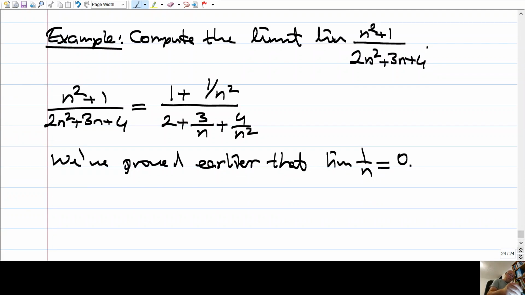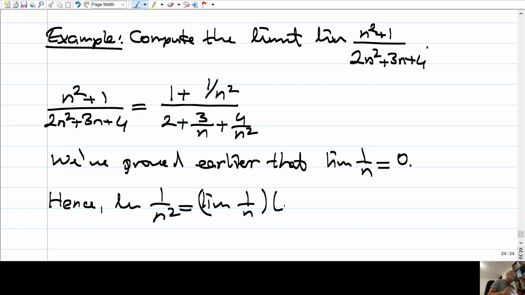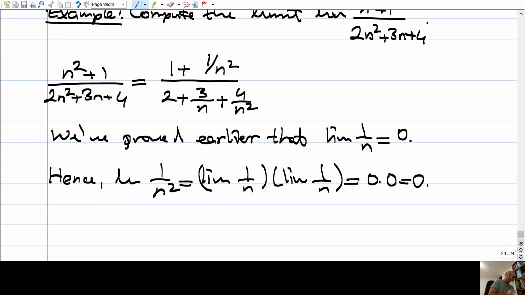Then I have several terms involving 1 over n. 1 over n squared is just 1 over n times 1 over n. Hence the limit of 1 over n squared is just the limit of 1 over n times the limit of 1 over n, and this is 0, so this is 0.